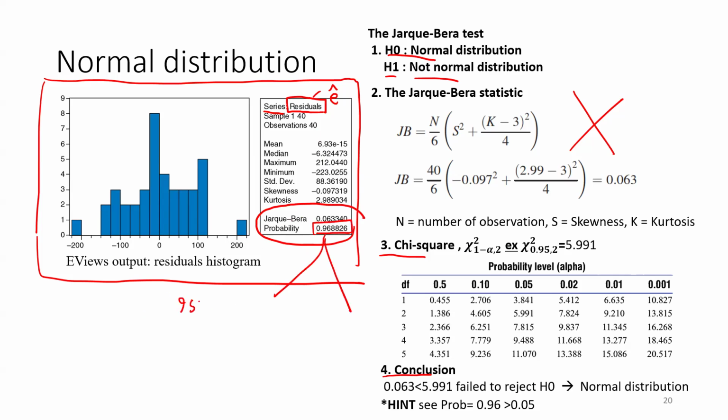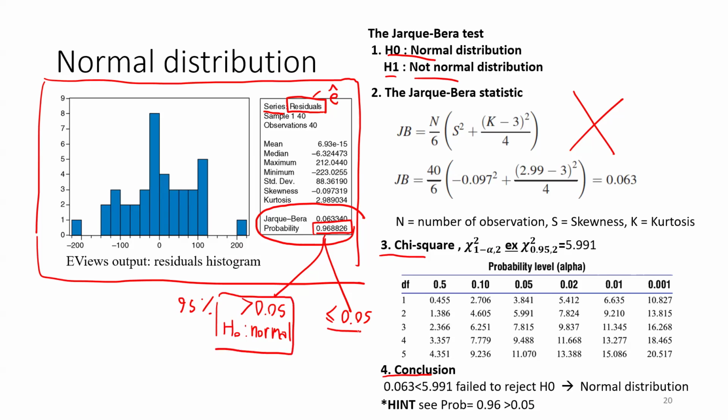For example, at 95% confidence, if the probability here is greater than 0.05, we go to H0, which means normal. Your model error is normal distribution, so no problem. So you must prefer to get this one.